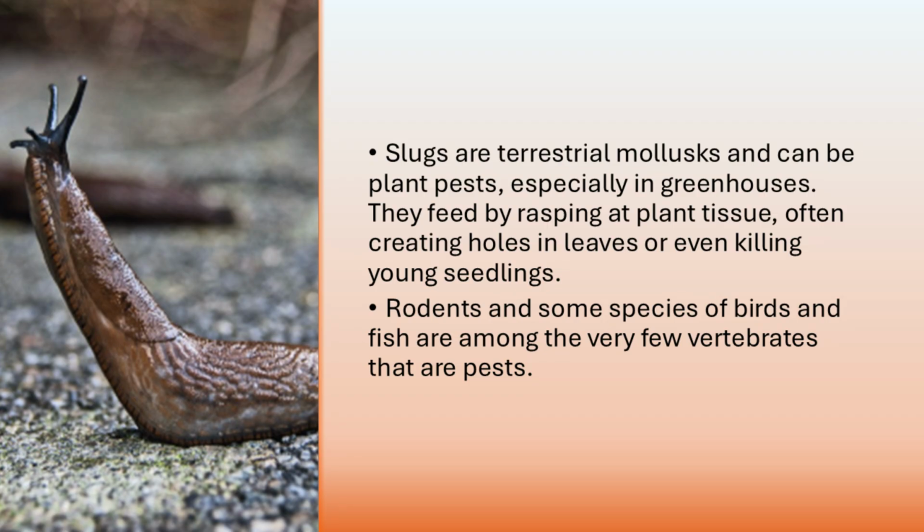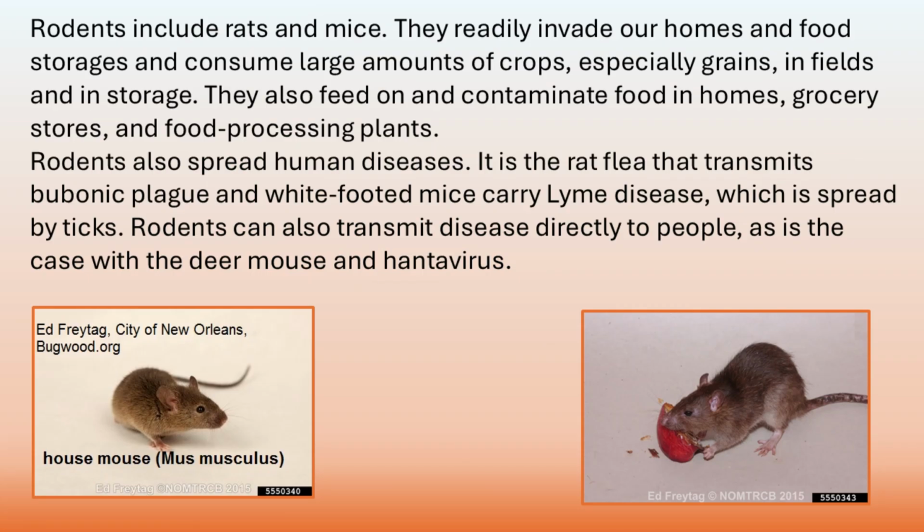Rodents and some species of birds and fish are among the very few vertebrates that are pests. Rodents include rats and mice. They readily invade our homes and food storages and consume large amounts of crops, especially grains, in fields and in storage. They also feed on and contaminate food in homes, grocery stores, and food processing plants.